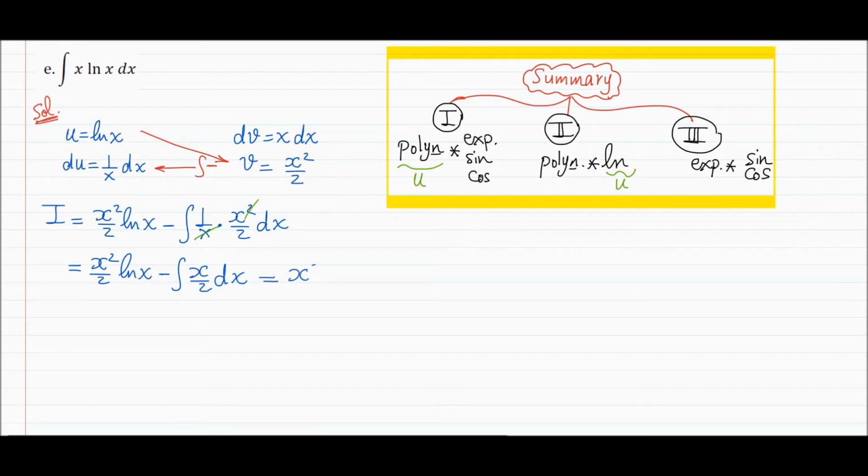So it will finally be x squared over 2 ln x minus x squared over 2 multiplied by 2, so it will be 4, plus the constant c. This problem, I hope it is clear for you. We used the second group, which is the first problem, to apply the second group of integration by parts.